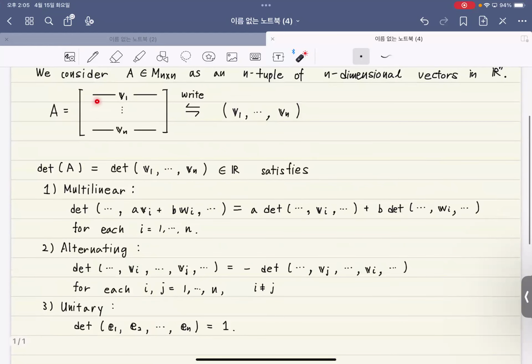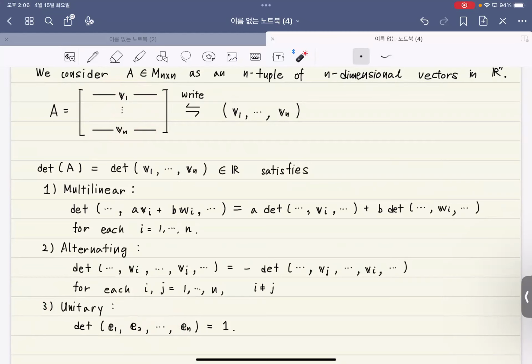Because the first row is e1 and the second row is e2, and if your last row vector is en, then this matrix must be the identity. So the last property can be translated as: the determinant of the identity matrix is precisely 1.